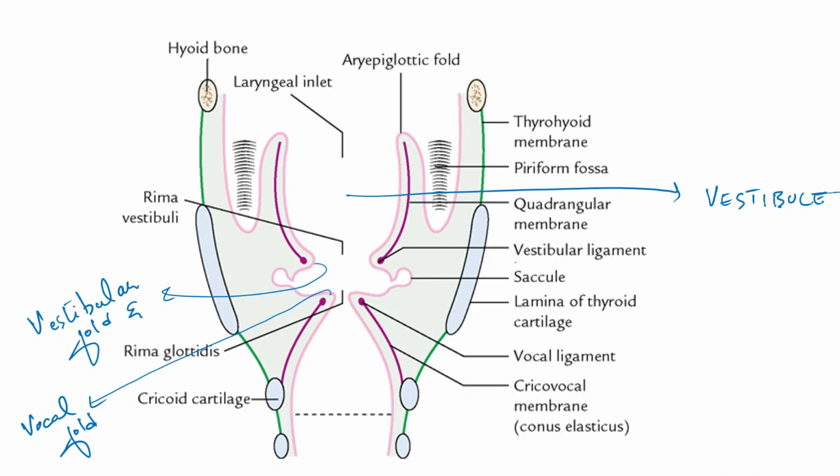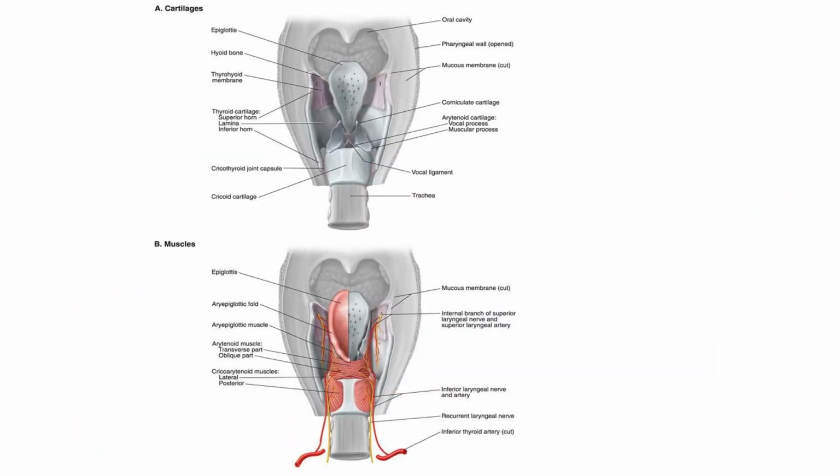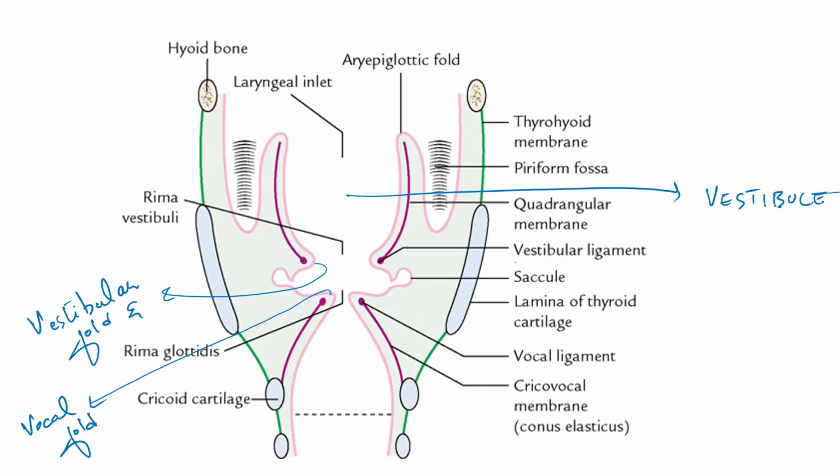Now, we can make out a space which is seen between the vestibular fold and the vocal fold. This space is called the sinus of the larynx, or simply the intermediate part of the larynx.